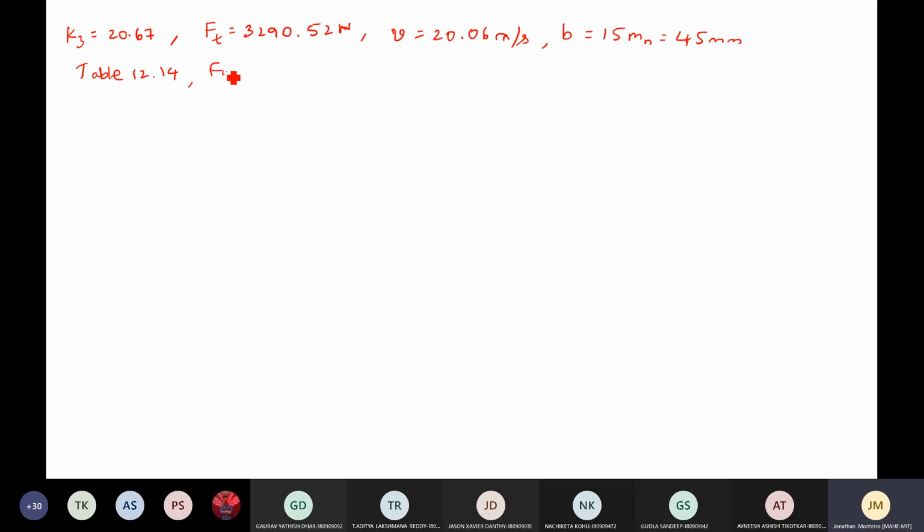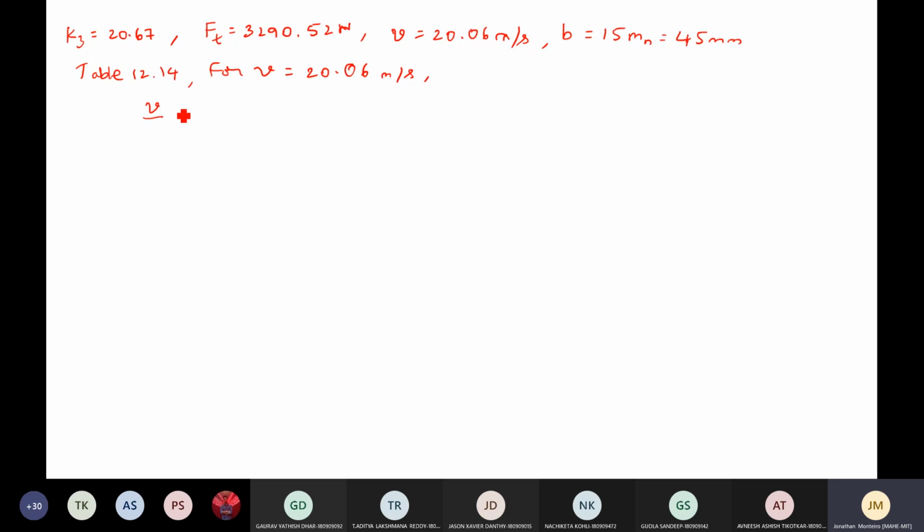So for V equal to 20.06 meters per second, what happens? We know that there is a value for 20. If you get somewhere around 20.01, directly taking 20 also is okay. It does not make much of a difference. Maybe in the fourth decimal place, you will get some very minor difference. We'll just try it out here.